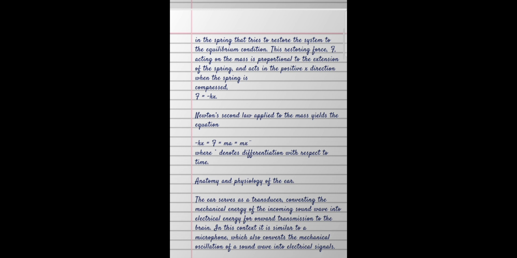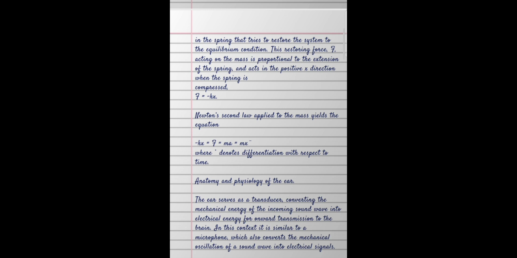We can see this as a formula: F = -kx. By Newton's second law applied to the mass, -kx = F = ma, which is equivalent to m x-double-dot, where the dots denote differentiation with respect to time.